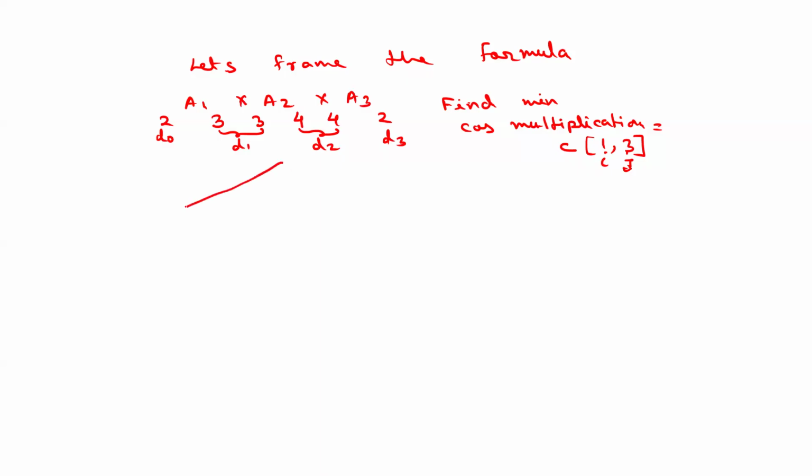So now we know there are two solutions. One is A1 cross A2 multiplied with A3 and another one is A1 multiplied with A2 cross A3. Okay.